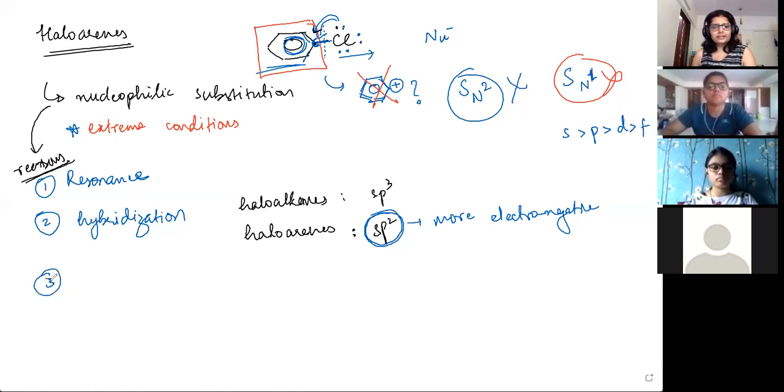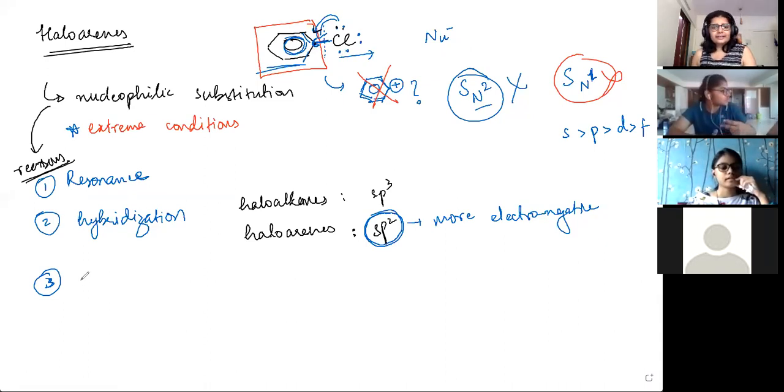The third condition is something I had discussed earlier. For nucleophilic substitution, there are two ways for the reaction to take place. Either the approach of the nucleophile kicks out the leaving group, which is the SN2 mechanism, or the leaving group leaves first and then the nucleophile attaches, which is the SN1 mechanism.